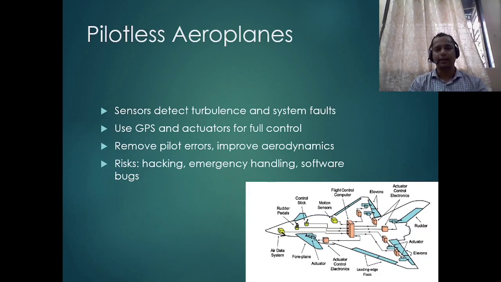But if there is something called pilotless, where there is no pilot in the plane, the plane would be directly controlled by the system. These planes are basically used for observation, which is a UAV moving around, and also to target or take the enemy down.